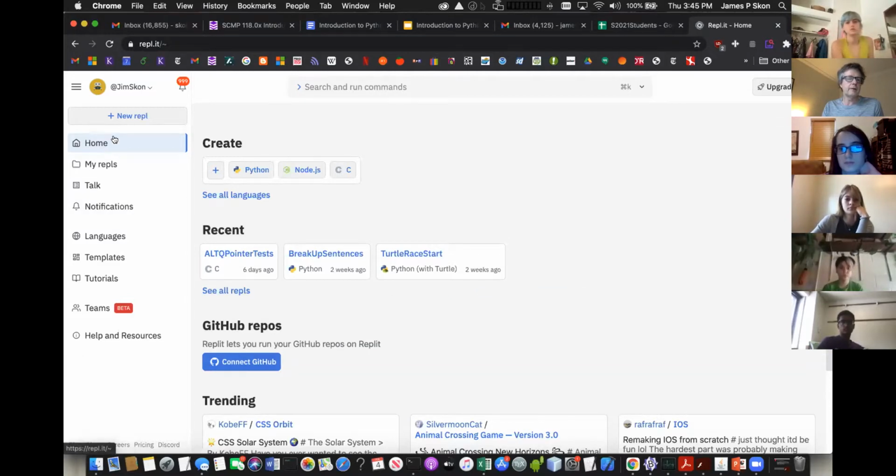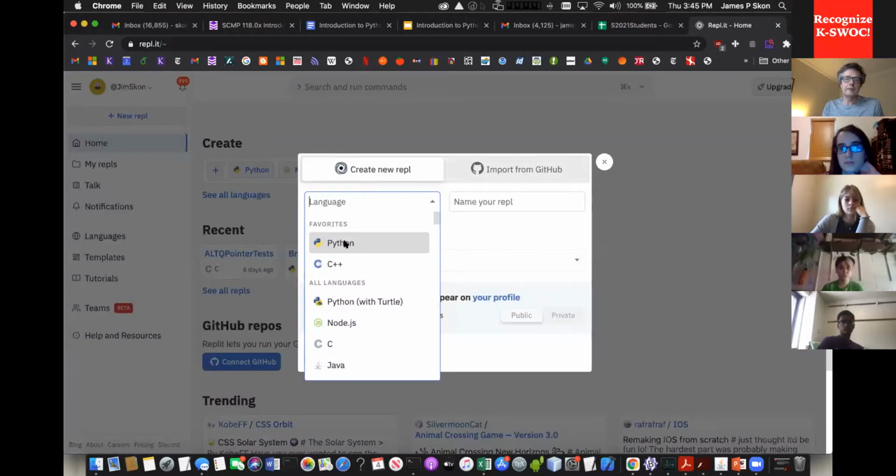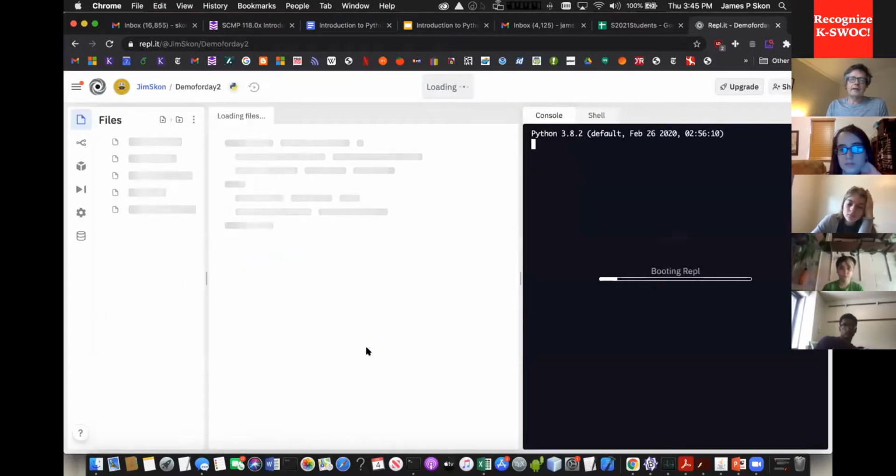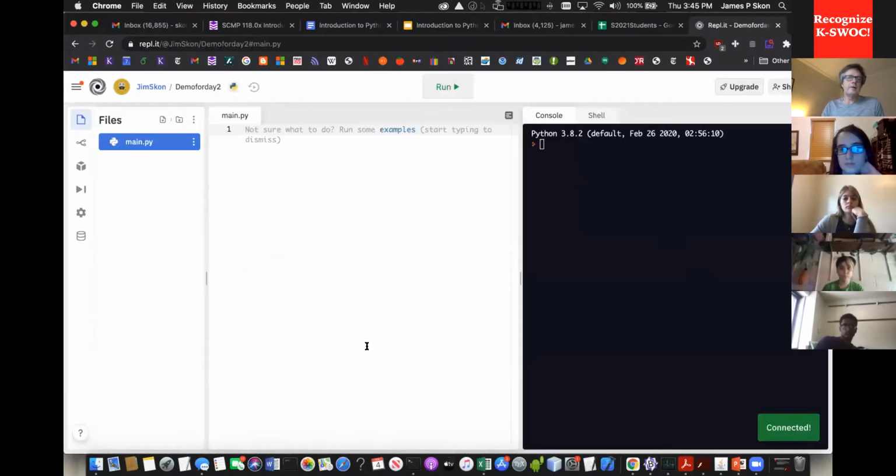I'm not sure why it didn't come up. Let me try again. We hit Python, and we can always name our program whatever we want. So I can call this demo for day 2 or something, and I can create that REPL. Why they call it a REPL, I have no idea. But we see that we have this programming environment.